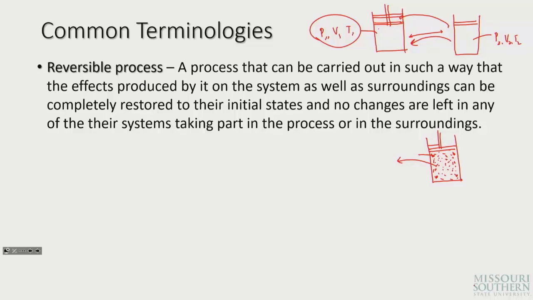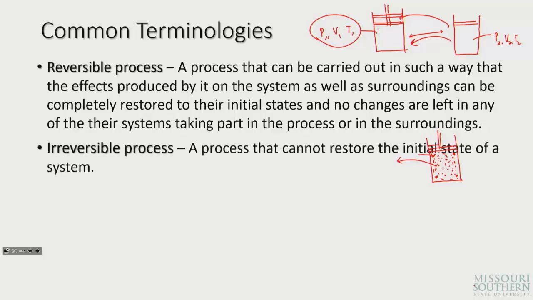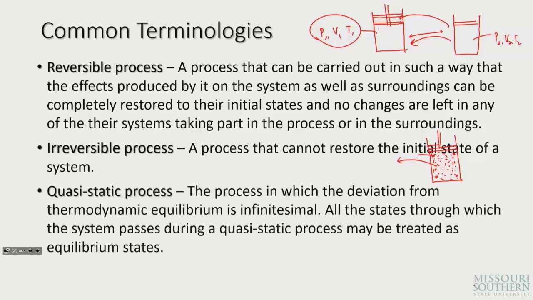Again, an irreversible process is a process that cannot restore the initial state of the system. You cannot take it back to its initial state. So that's the irreversible process.